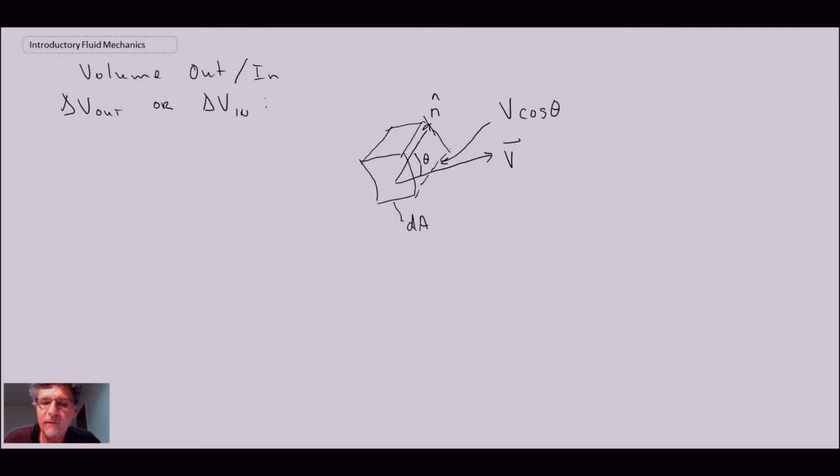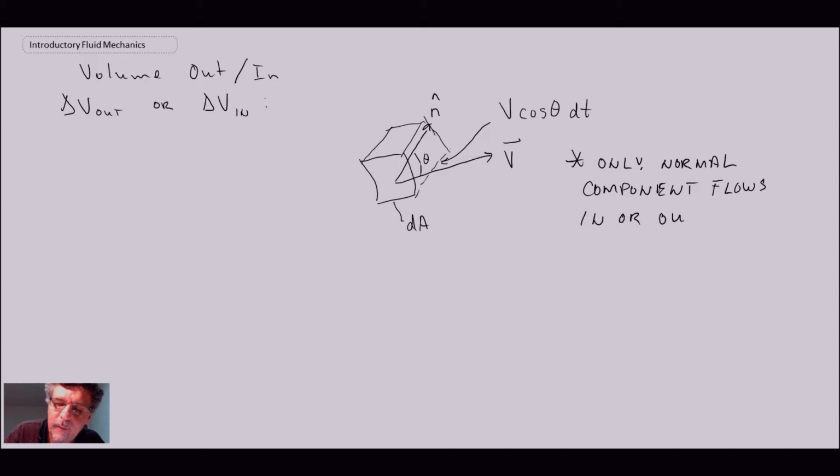And if we're looking at this for a period of time to get volume flow, it is then going to be multiplied by dt. So what we can say here is that only the normal component flows in or out. Only the normal component of the velocity vector is going to flow in or out of our surface, and that's the one that we're most interested in.